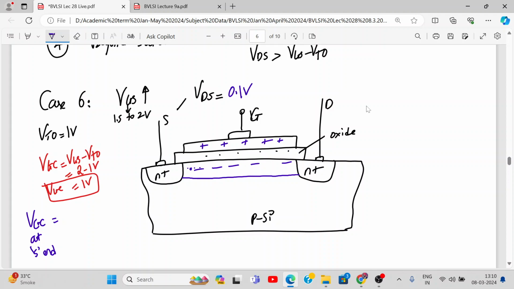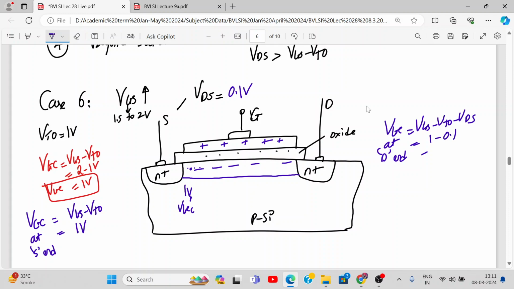VDS is 0.1, so this will be VGS minus VTO, which is 1 volt. So यहाँ पे 1 volt होगा, right? VGC at the drain end कितना होगा? VGS minus VTO minus VDS. How much will this be? 1 minus 0.9.